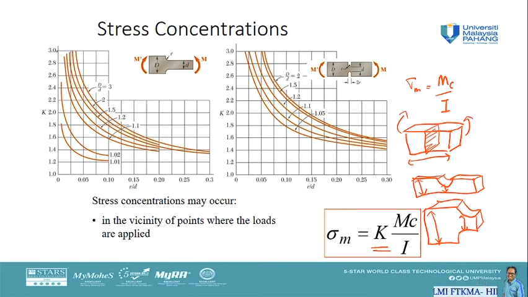There are several curves to select from, and from this graph we obtain the value of k, which we later use in our equation to find the maximum stress due to the concentration at the fillet.